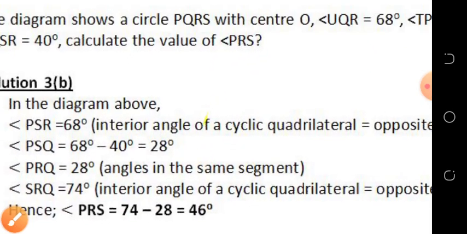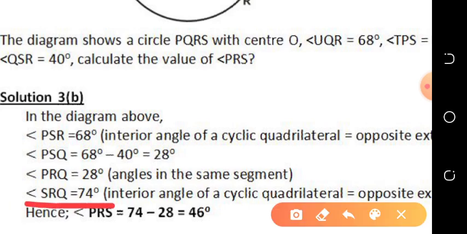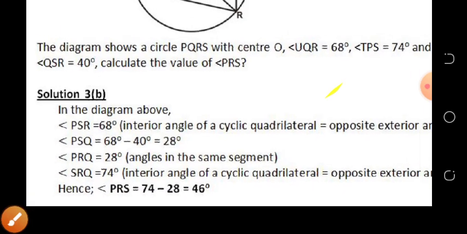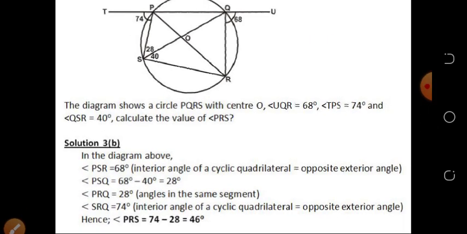So we have the solution here. Angle PRS, what we are asked to find, let me reduce it to see the whole diagram. We have angle PRS is 74 minus 28.